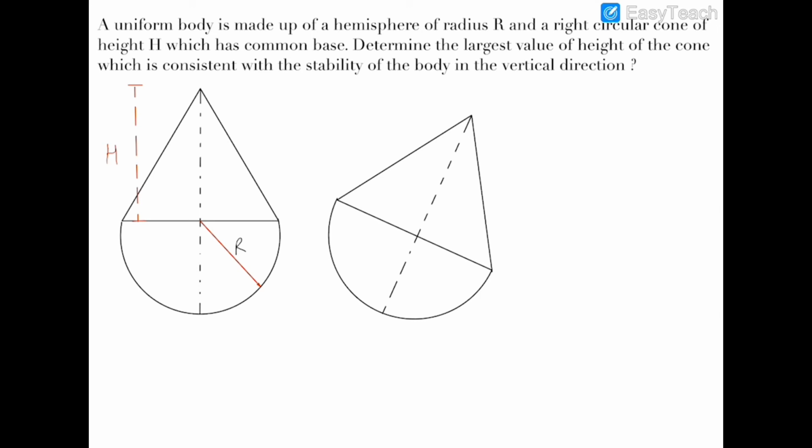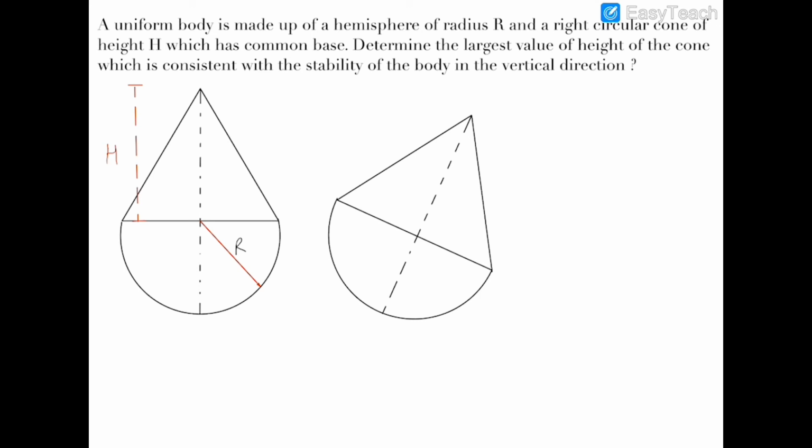So we have to determine the largest value of the height of the cone h, which is required for the stability of this body, which means in simpler words, for what largest value of h this body will be in stable equilibrium.